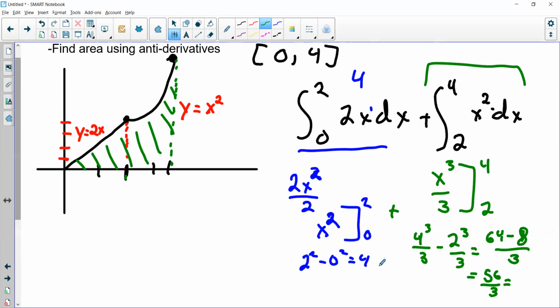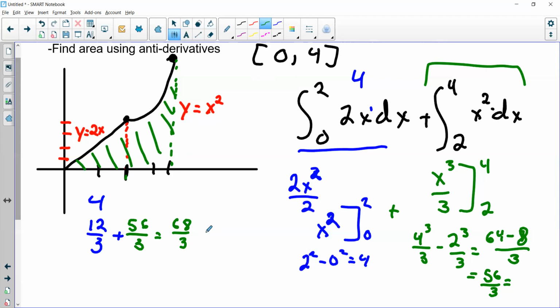So what I'm going to do, so that's that, right? Then I'll just combine the two things. 4 could become 12 over 3 plus my 56 over 3. This is going to be 68 over 3.